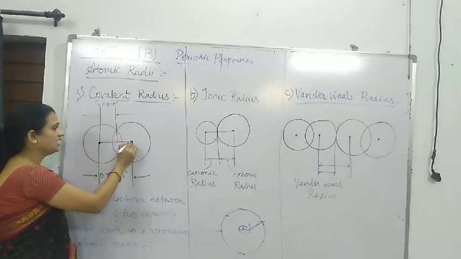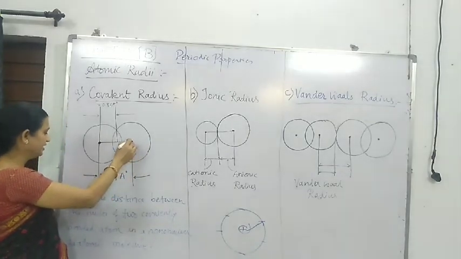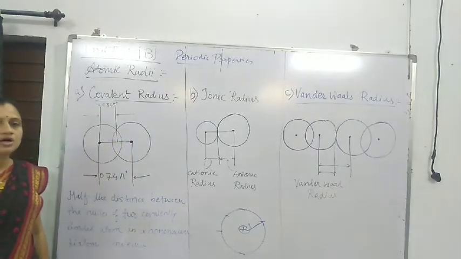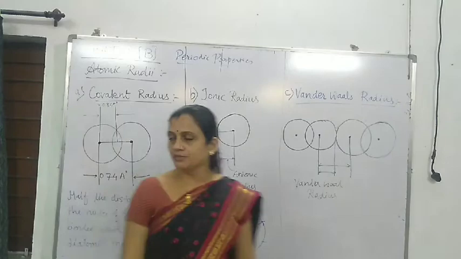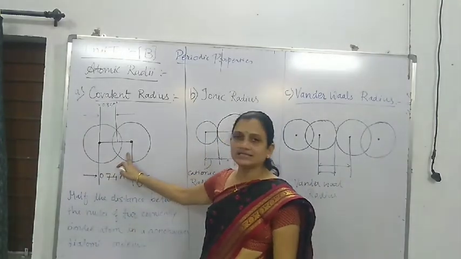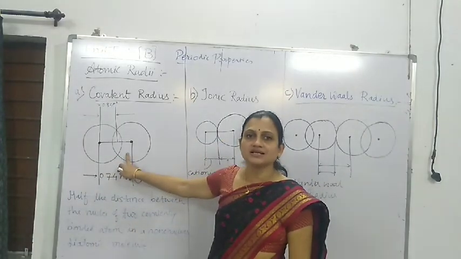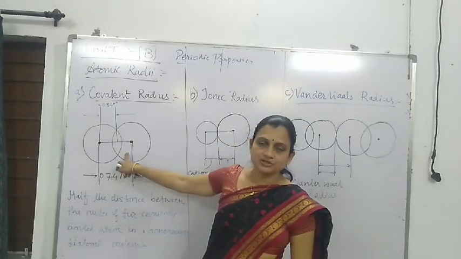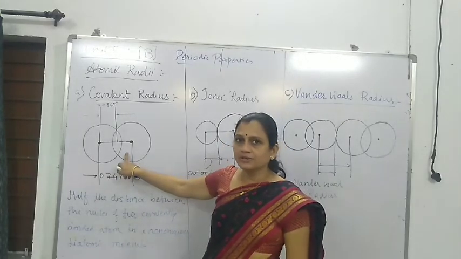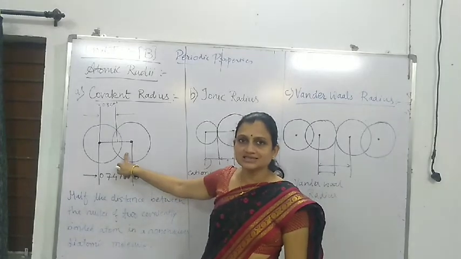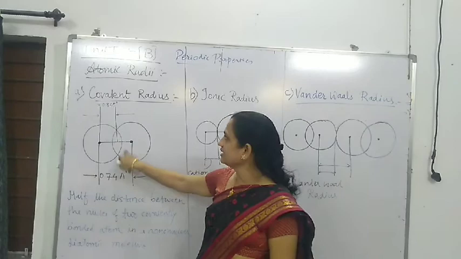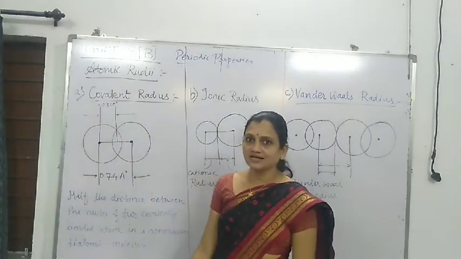So it is half the distance between the nuclei of the two covalently bonded atoms in a homonuclear diatomic molecule. These are homonuclear diatomic molecules, and in this homonuclear diatomic molecule the half distance between the nuclei of both atoms is nothing but the covalent radius.